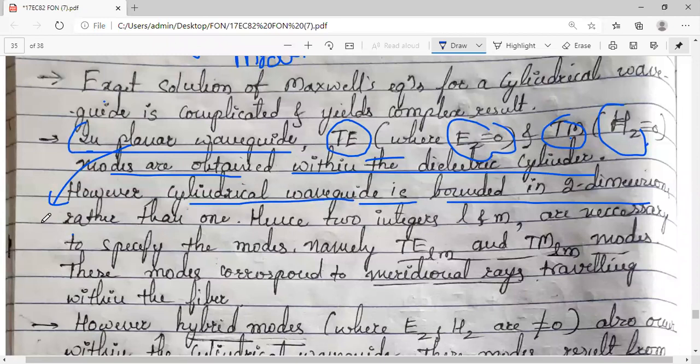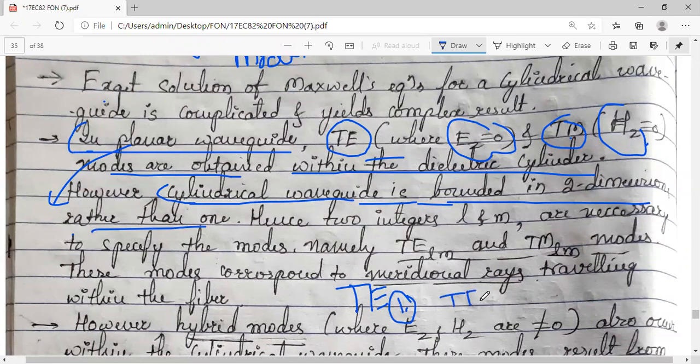However, in the planar waveguide, there is only one variable. That's why when we go for modes, we have written something like TE1, which is only in one dimension. But in the cylindrical waveguide, the waveguide is bounded in two dimensions rather than one, because of which we will not consider one variable, we will consider two variables.